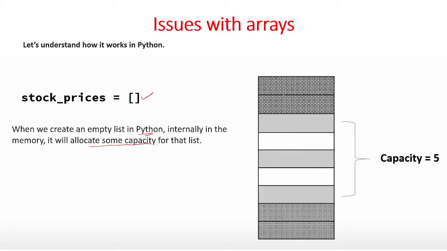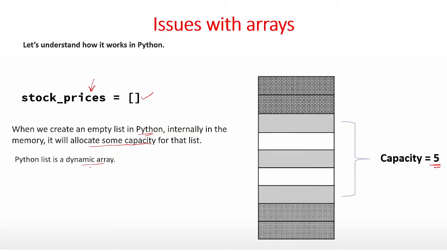Initially it allocates some capacity like this, say for example 5 elements. This is not visible to the user. Internally the Python interpreter does this, with an initial capacity of 5 elements allocated for this array called stock prices.